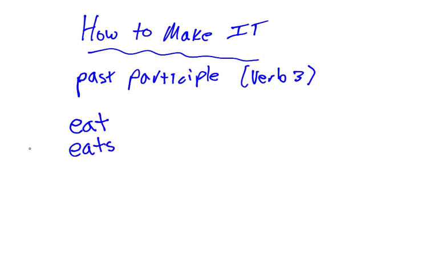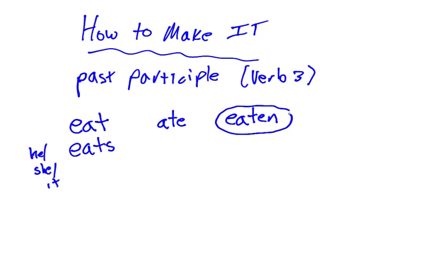Eats for he, she, and it. Eat for I, you, we, and they. Then the second one, we have ate. And the third one, the past participle, eaten. This is the one that we need. This is the past participle, or verb 3. And this is the form that we need to make the present perfect. So let's see what happens next.